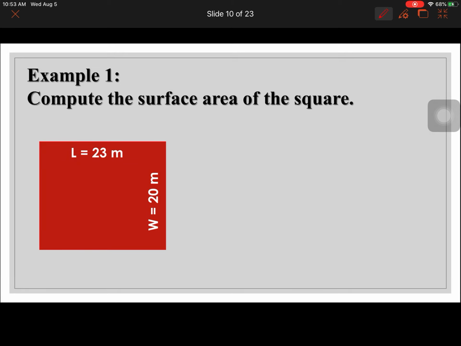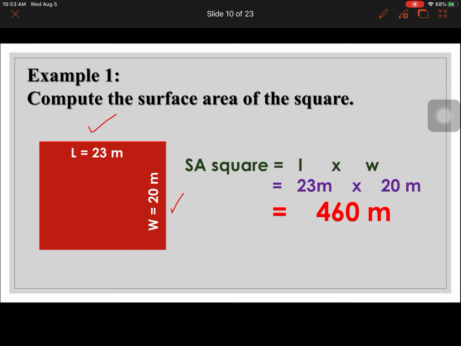This square has a length of 23 meters and a width of 20 meters. Length times width is equal to 23 meters times yung width niya is equal to 20 meters. I-multiply natin, ang kalalabasan ay 460 meters.